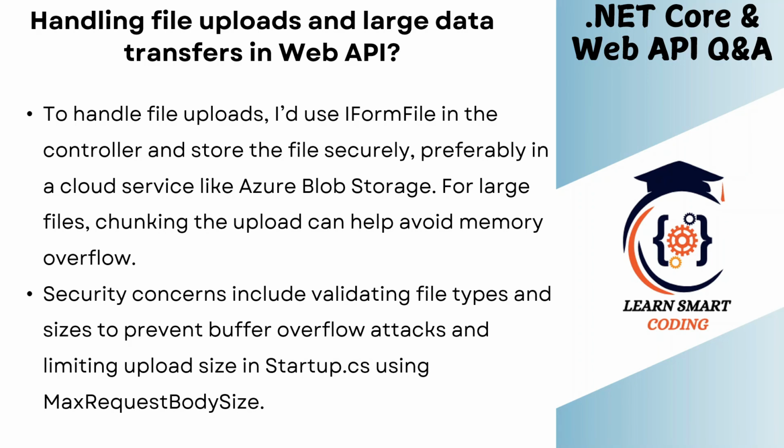In terms of security, you need to validate the file type. If PDF is allowed, you allow only PDF, and if the PDF size can be only within 5 megabytes, allow only that. Those configurations will help us avoid buffer overflow attacks, and they can be done in the startup.cs by using the max request body size. So those are the tips.